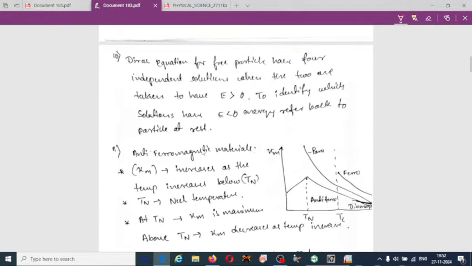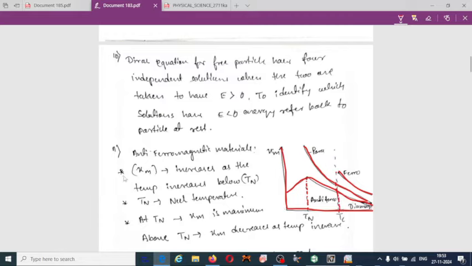If you see the diagram of susceptibility versus temperature, antiferromagnetic is like this curve, increases and reaches maximum and decreases. For para, it is like this, and ferro, the variation is like this. And here we will come across the Neel temperature, Neel point, and this is the critical temperature.